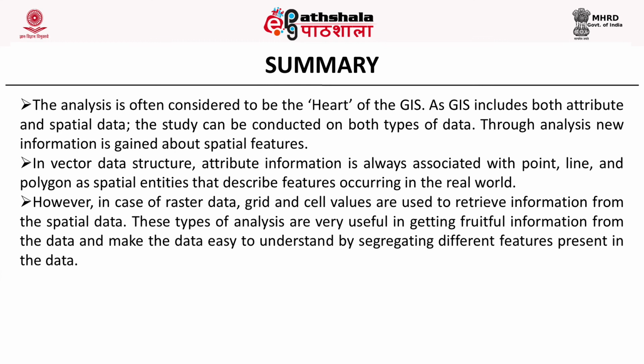However, in case of raster data, grid and cell values are used to retrieve information from spatial data. These types of analysis are very useful in getting information from the data models and make the data easy to understand by segregating different features present in the data.